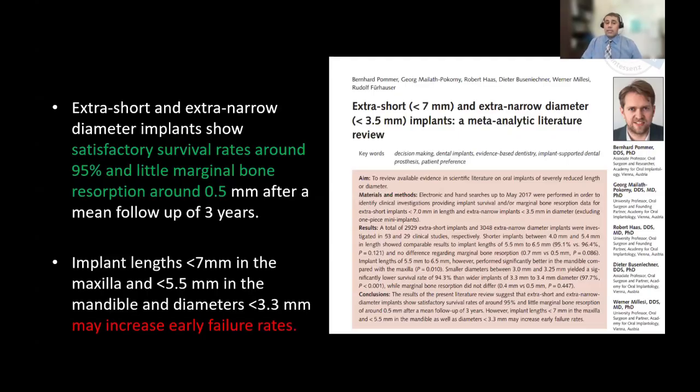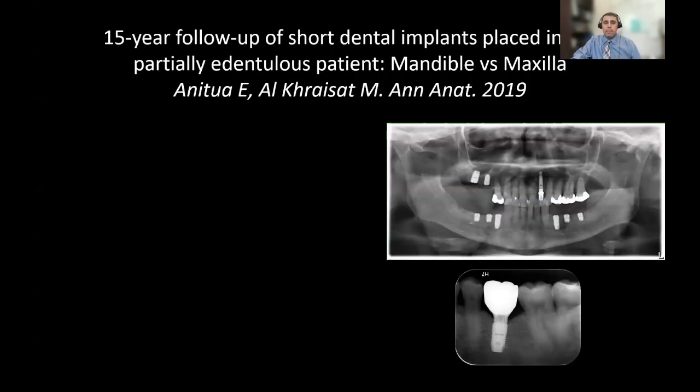So implant length less than 7 millimeter in the maxilla and in the mandible were generally successful, but of course you'll get better success with longer implants. However, with implants with diameter less than 3.3 millimeter, the failure rate definitely increased. Those implants should only be utilized in the anterior segment and should be utilized, quite frankly, for even smaller teeth, something like mandibular central and lateral incisors, maxillary lateral incisor, for example.